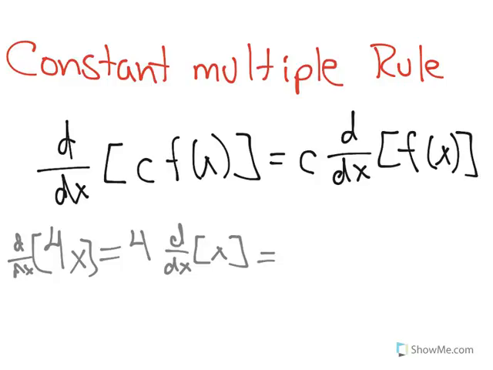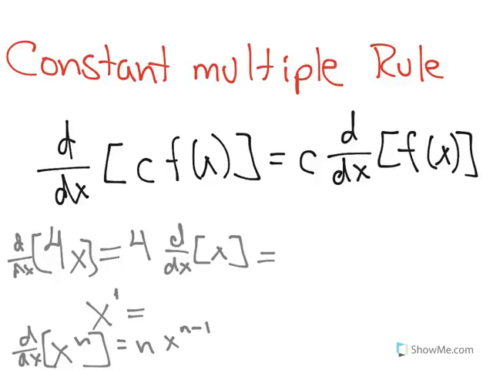We know the derivative of x based on our power rule, so this is x to the 1. Remember that the power rule says that when you have x to the n and you want to get the derivative of that, this is just n x to the n minus 1. And so in this case n is just 1.